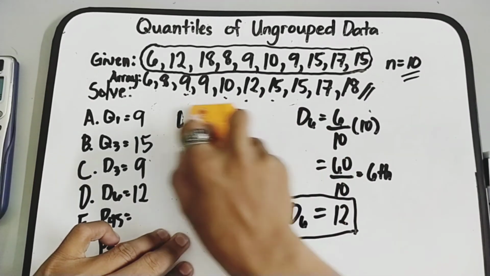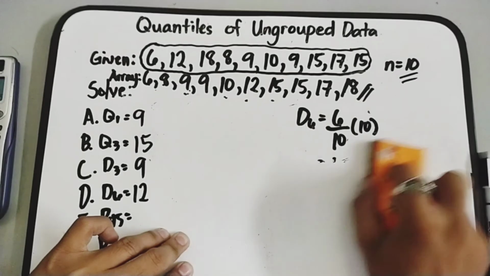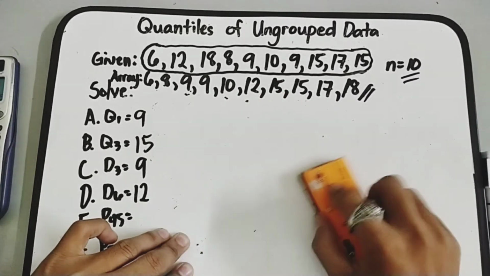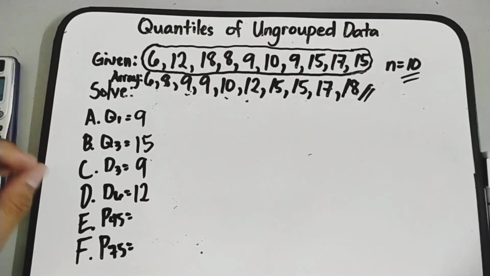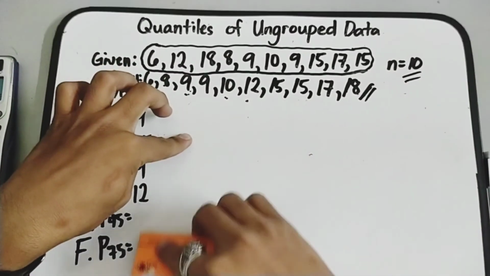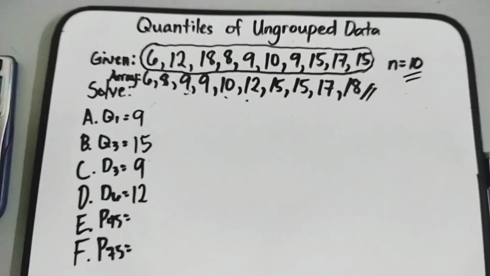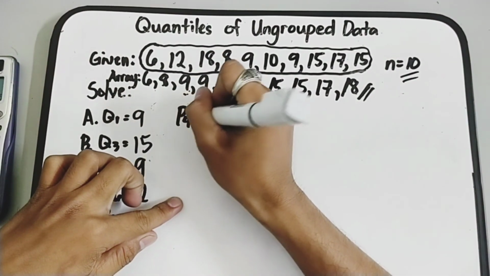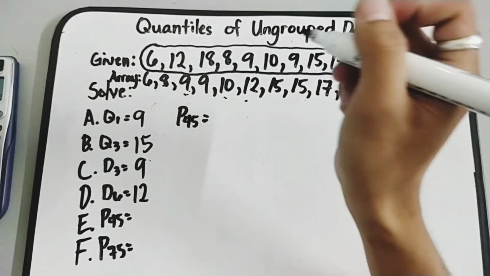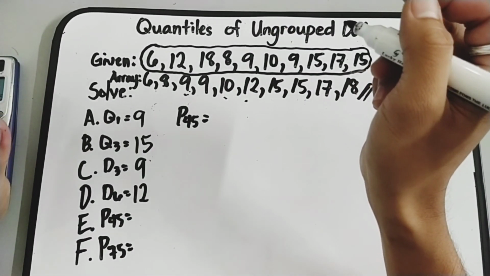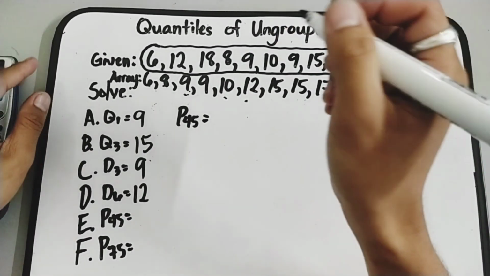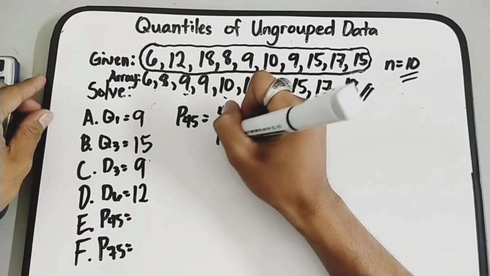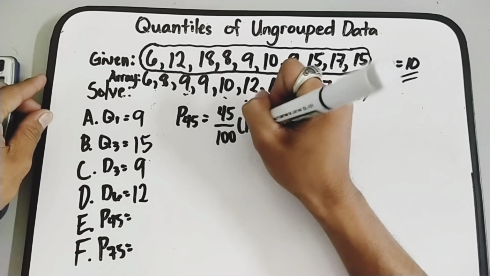Hope natututo tayo. Madali pa to sa ungrouped. Later on, pagdating ng grouped, ewan ko na lang. Ngayon, hanapin natin yung percentile 45. Sabi natin kapag percentile, i-divide yung data saan? Sa 100. So, ibig sabihin, we have 45 over 100 times 10.